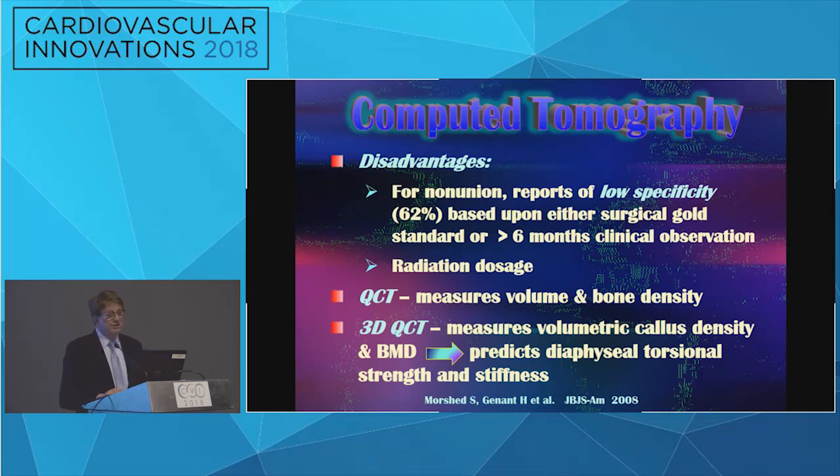Enter something called QCT, quantitative CT scanning, which has been used for many, many years now as the go-to agent along with Dexa scanning to assess bone mineral density. So quantitative CT scanning is not new, all right? It measures bone volume and density and is the procedure of choice to look at bone mineral density in cancellous bone, all right?